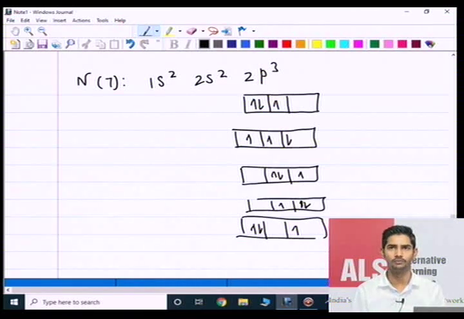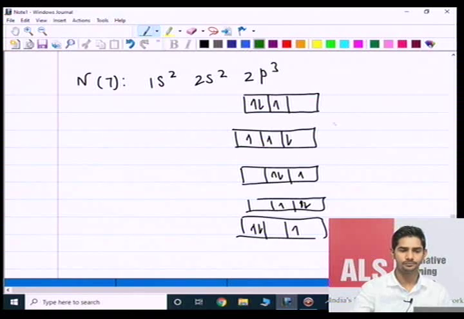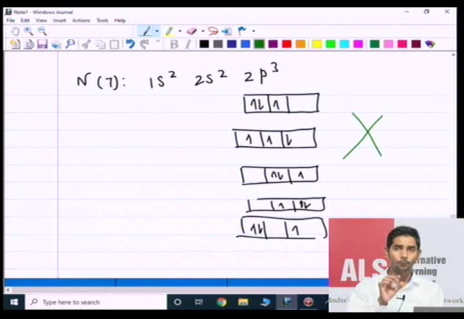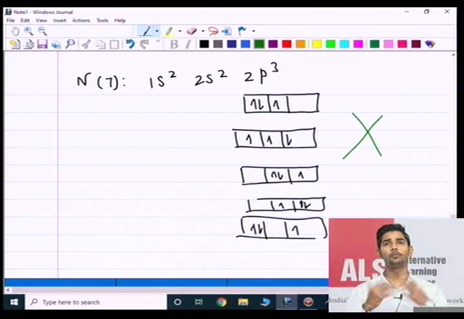While filling the atomic orbitals, all these methods are wrong. So Hund explained that we have to follow a particular rule while filling the atomic orbitals, and that will be true for every element.